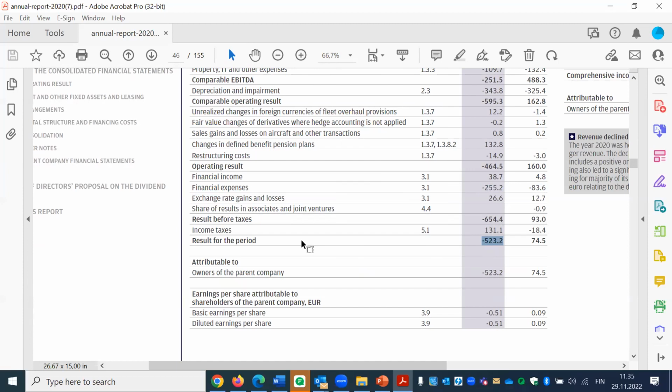So even though Finnair is having a loss, and this loss is calculated the way accountants think, if you calculate Finnair's performance as the economists calculate the GDP of the country, then this financial expenses would have also included the cost of equity. And then this final loss would have been more than the loss that we have today. So technically, the economists are accusing accountants that, hey, you guys, you're hiding the true loss.